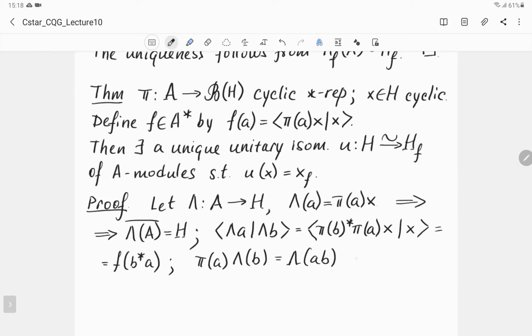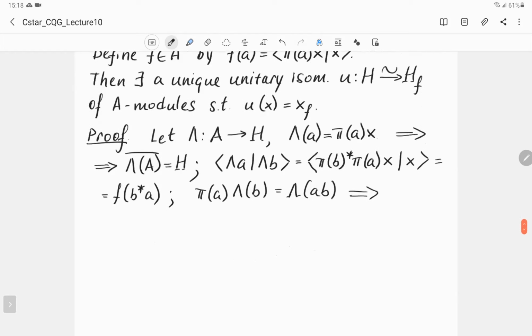So these equalities imply that the triple consisting of H, pi, and lambda is an abstract GNS representation associated to f.